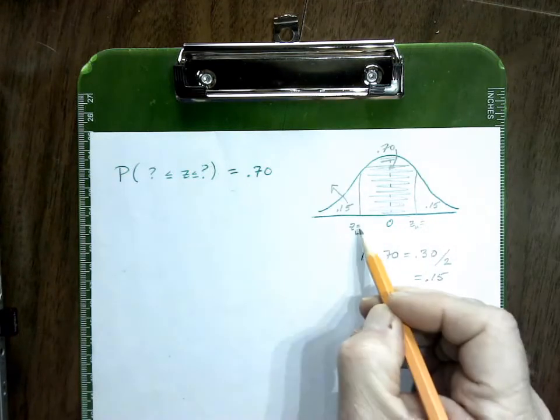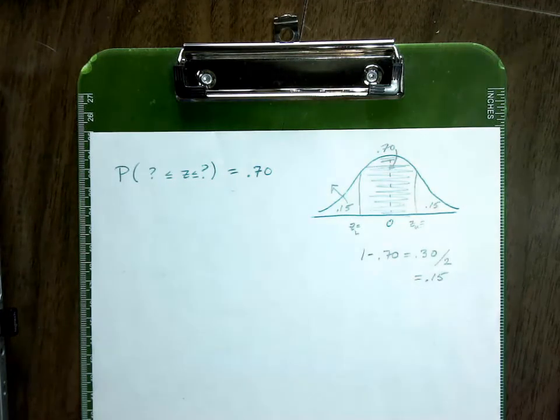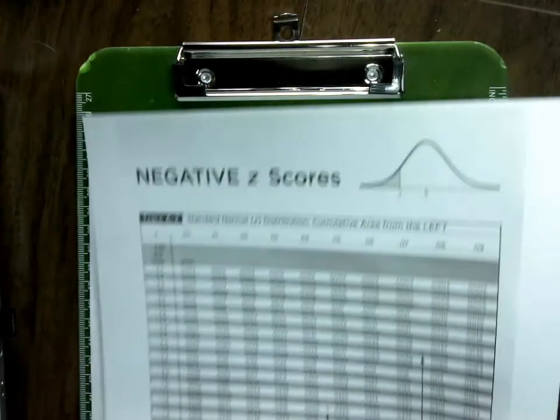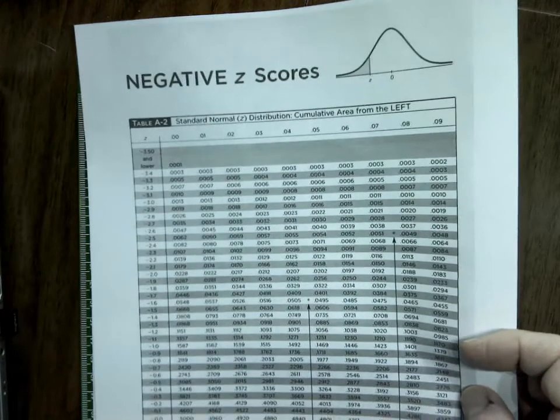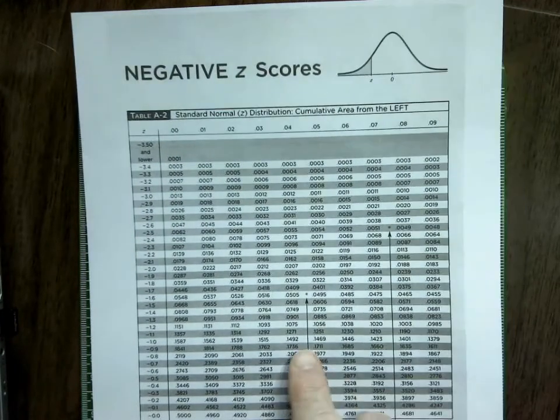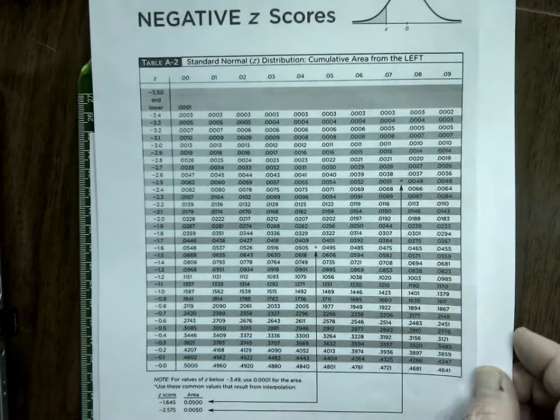So I can now look up and find closest to 15% and find that lower value. So let's do that. So looking up, again, 0.15.